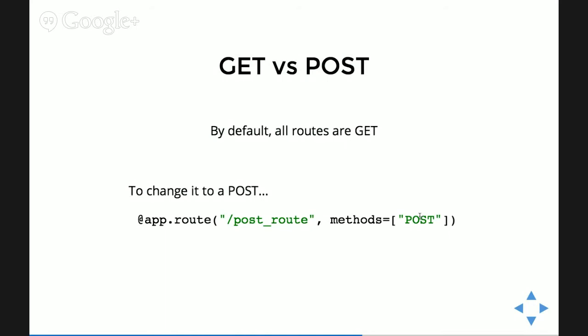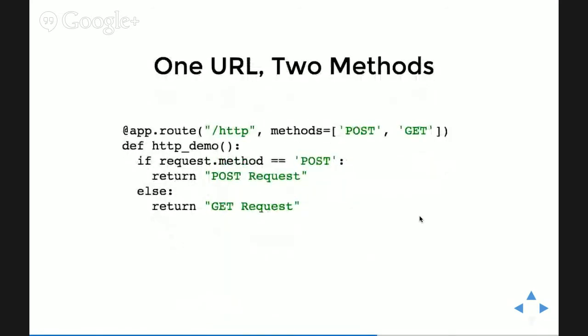It's also possible for one route to be both POST and GET. You just define that it's both, so depending on how it's called, it will trigger the GET request action or the POST request action.